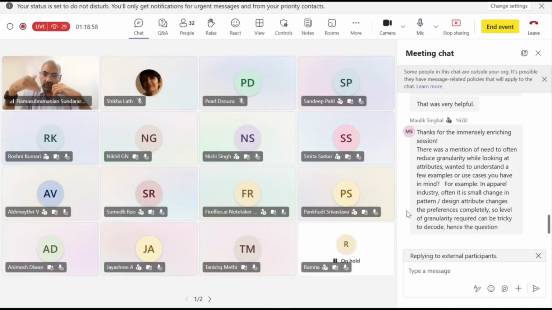So across either your entire portfolio or across customers or segments of customers, I can figure out which attributes are where the granularity matters more and which are where it matters less. And then I can plug that into the recommender strategy that I build.